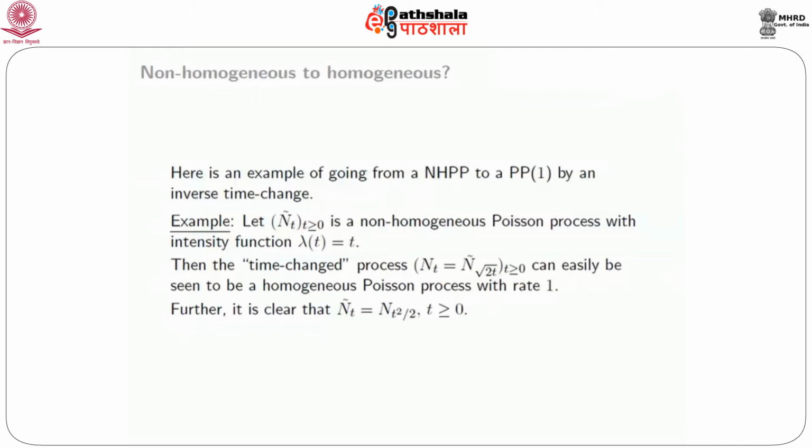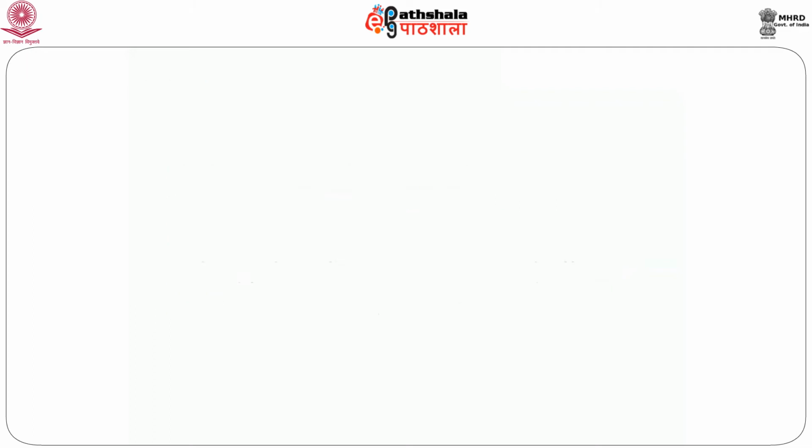You can easily show that it is a homogeneous Poisson process with rate lambda, and of course the original N tilde can be obtained from this N by again making an inverse time change, which is N tilde t equals N at t squared by 2. So this is how one can get a non-homogeneous Poisson process from a homogeneous Poisson process and back and forth by time change or inverse time change. Time change is always possible, but inverse time change may not always be possible unless the intensity function of the given non-homogeneous process satisfies certain conditions.